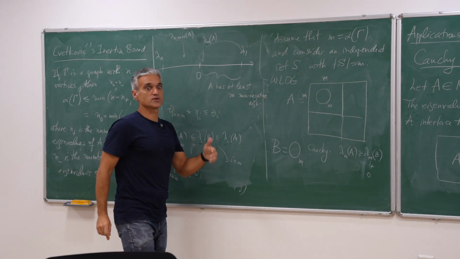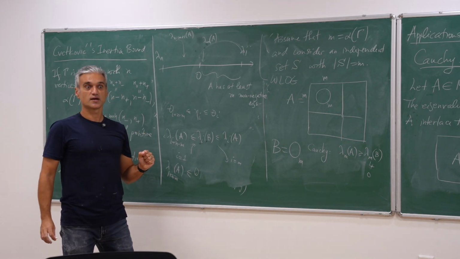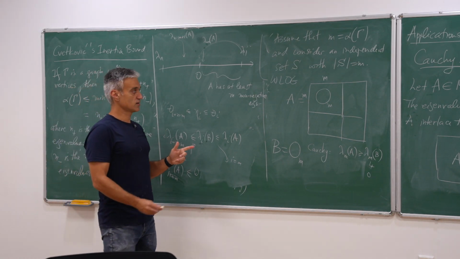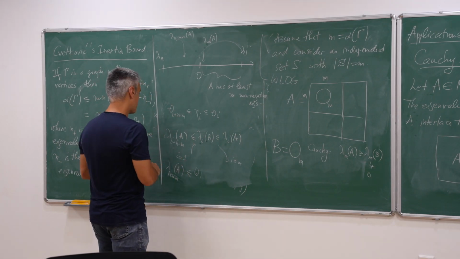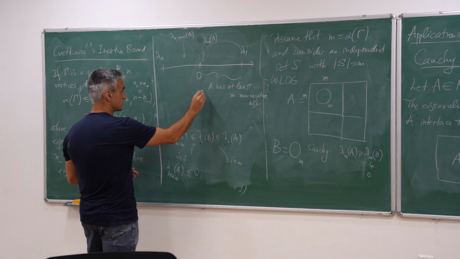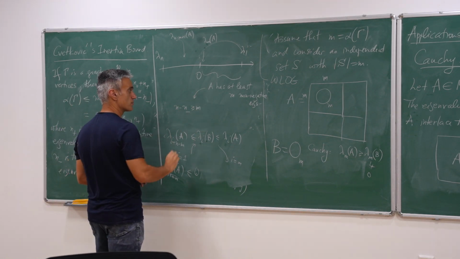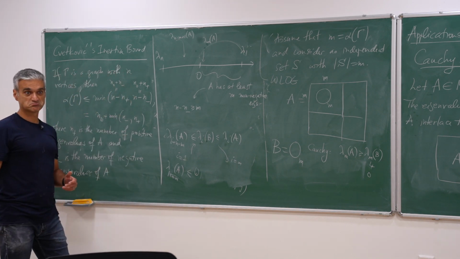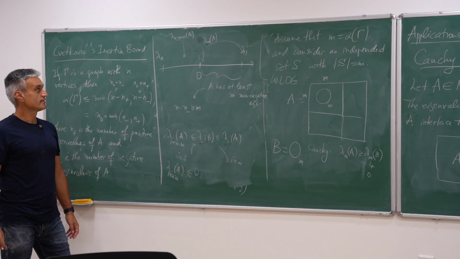But what was the precise number of non-negative eigenvalues? N minus, n minus. So this tells me that n^- is greater or equal to m. It kind of just falls into your lap because of this.